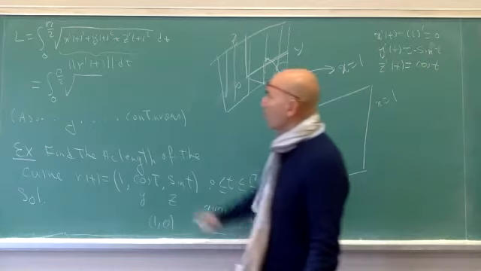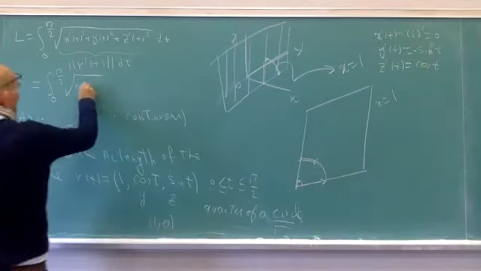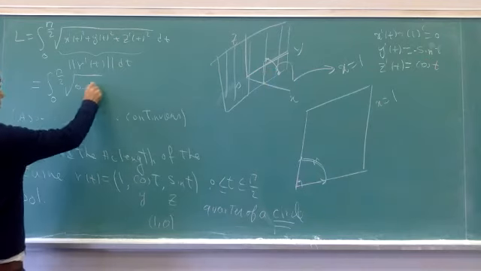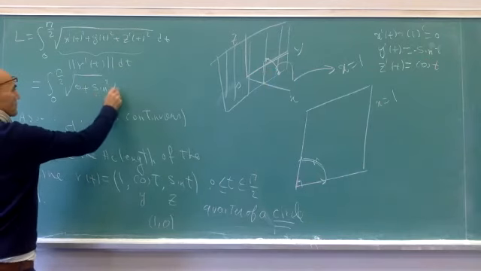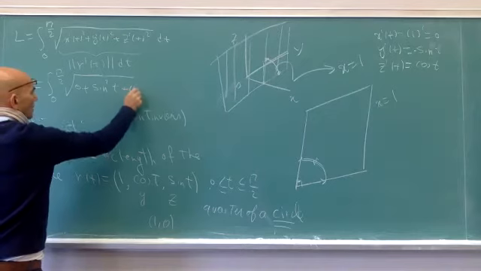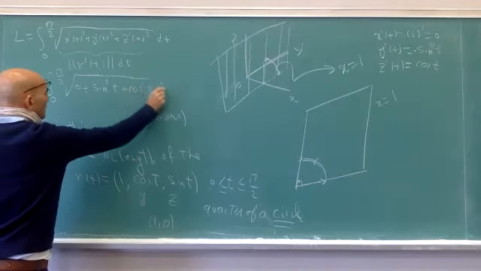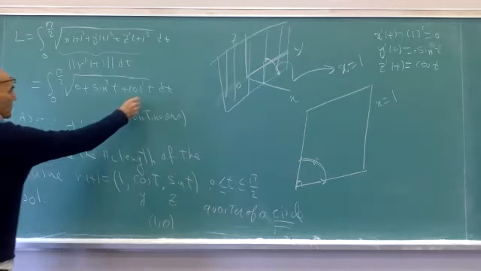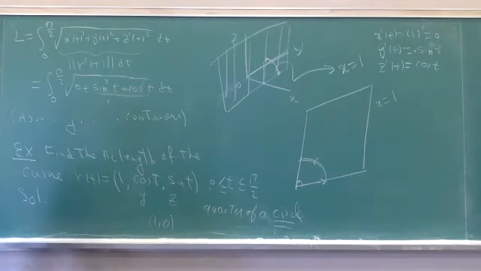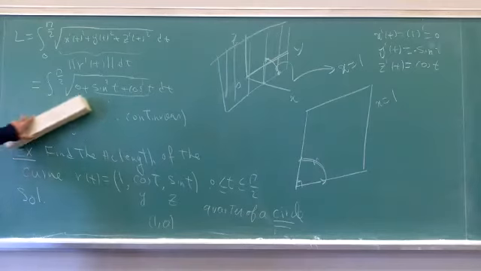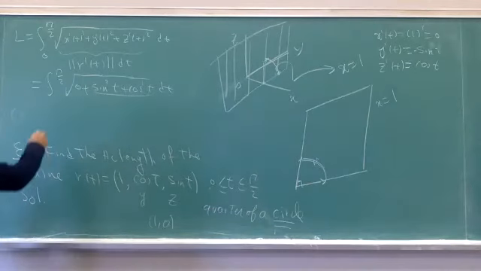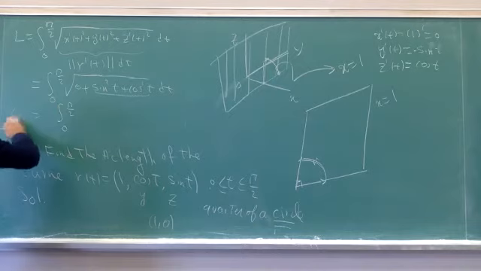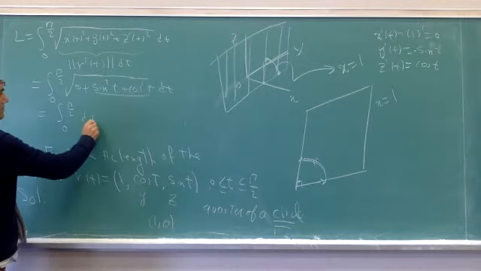Okay, so you sub in, you get 0 plus sine squared t plus cosine squared t. Conveniently, this is 1. So this comes out to be the integral from 0 to pi over 2 of dt.